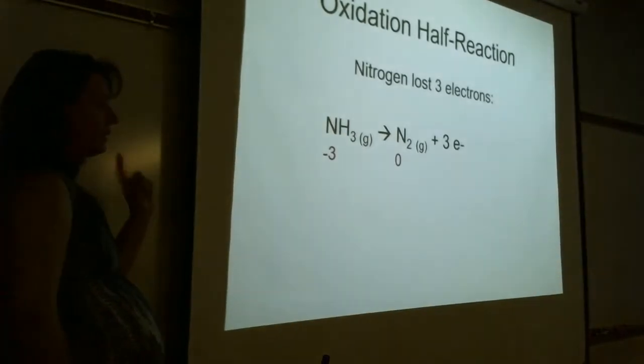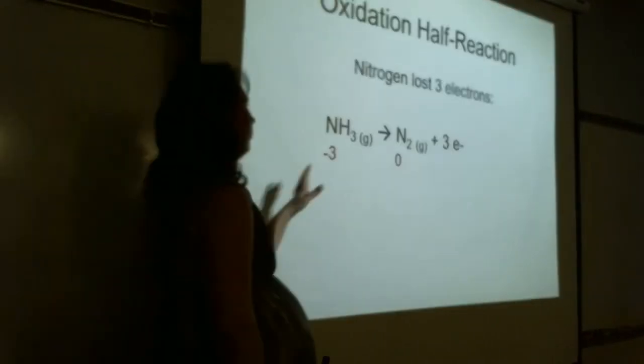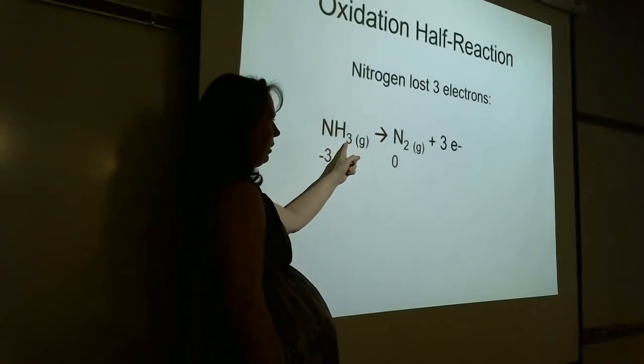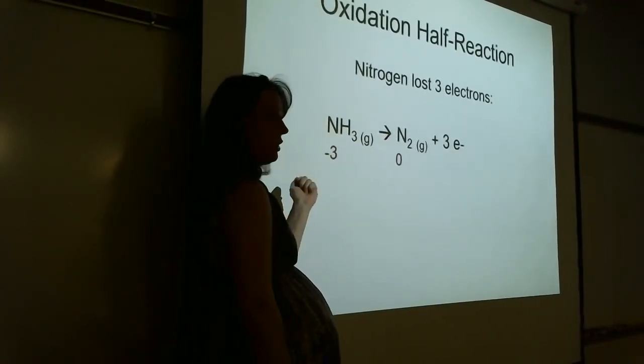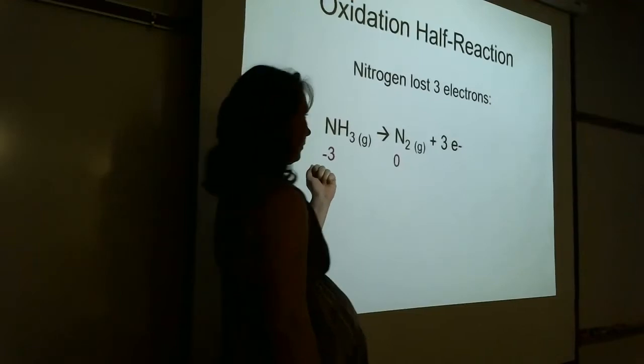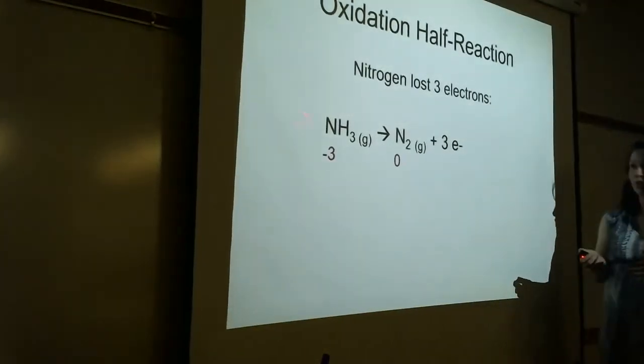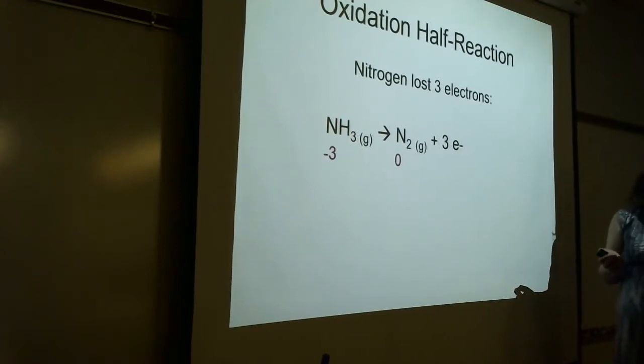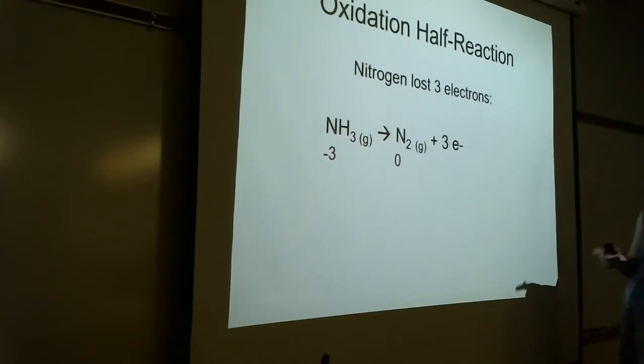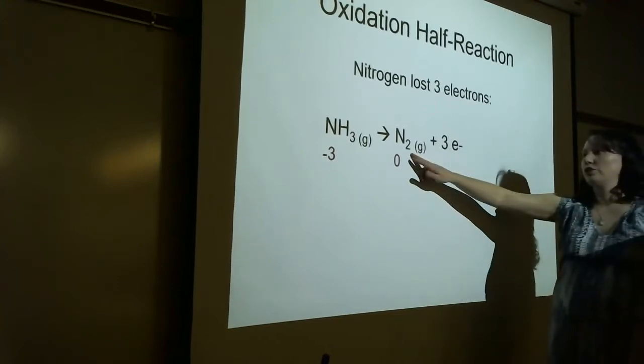But what do I need to deal with before I start balancing hydrogens? I've got to balance the nitrogens before I can start dealing with hydrogens, right? You always deal with the non-oxygen and hydrogen substances first. I've got 2 nitrogens on this side.